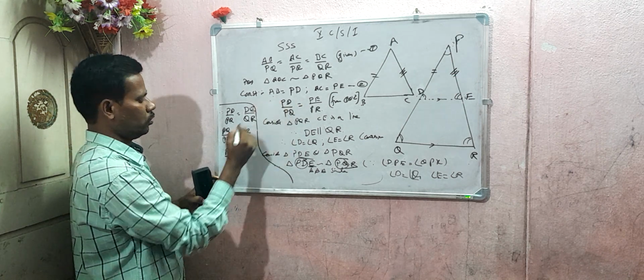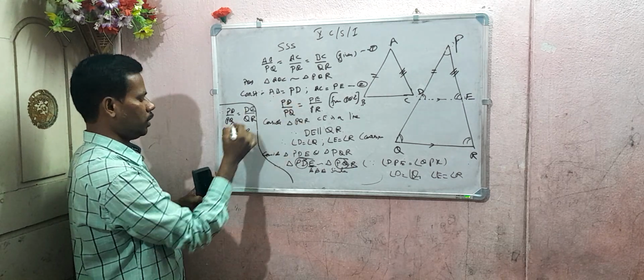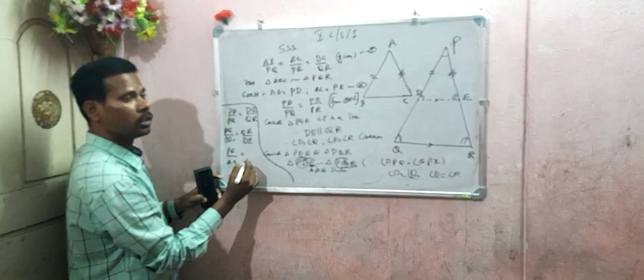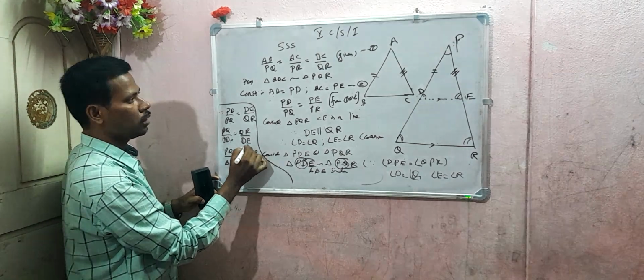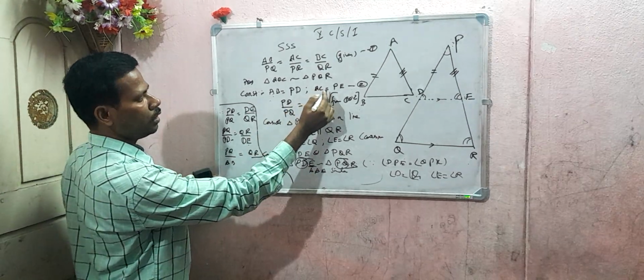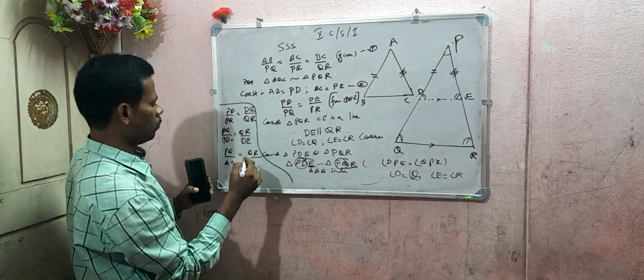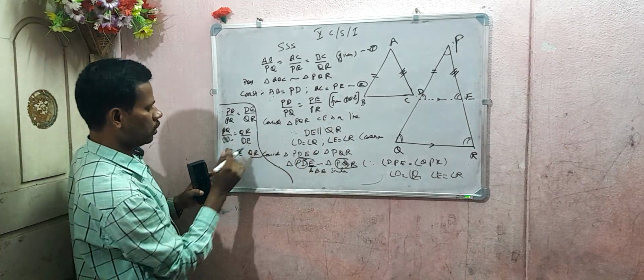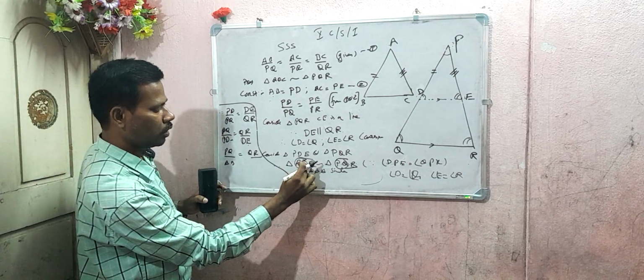What is given PQ? In place of PD, I can write AB. QR you write as it is. In place of DE, this is DE, QR. Just 1 minute, DE, QR.